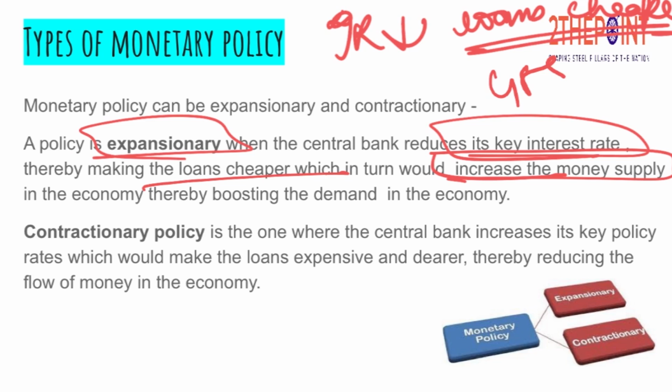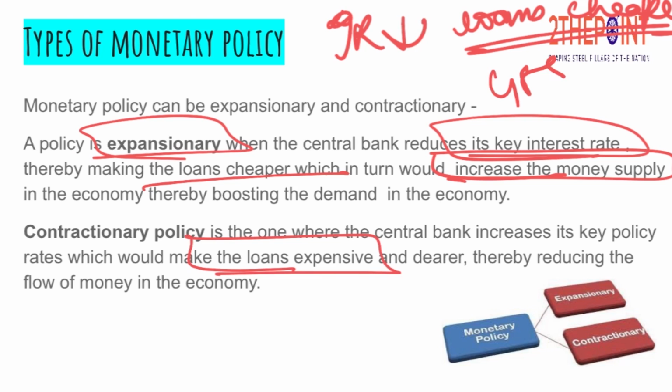Just the opposite of this is the contractionary policy. Whenever the central bank feels that inflation is too high in the economy, or there is too much money in the hands of people, it increases the interest rate on loans, which makes loans expensive.